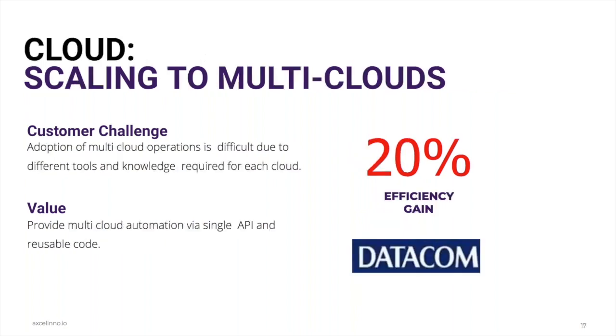Now here, Datacom. They needed to scale to multiple clouds, and what they found challenging with that, and I think everybody, to be quite honest, finds this challenging, is that every cloud does things a little bit differently. There's different lingo, just different ways to operate, and that's a different set of tools and knowledge that's required. What they wanted to do was abstract away whatever the cloud was.